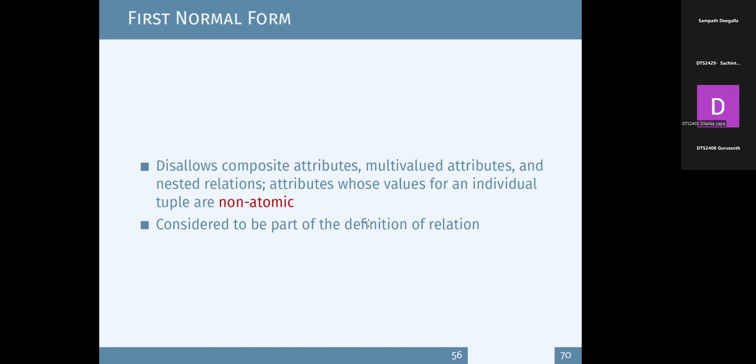When you have nested relations, relation after relation, and attributes whose values for an individual tuple are non-atomic, these are not considered part of the definition of a relation. So what it means is, when you take a piece of data in a particular cell of a row, it should be an atomic value. You have to have just a single value.